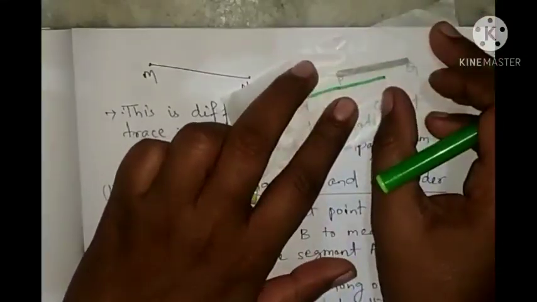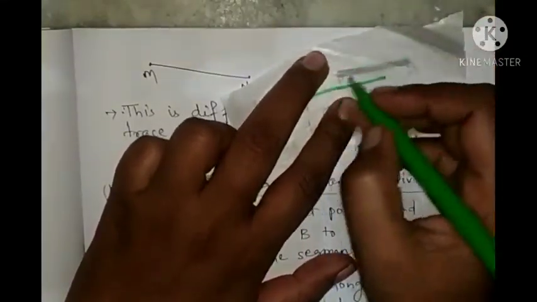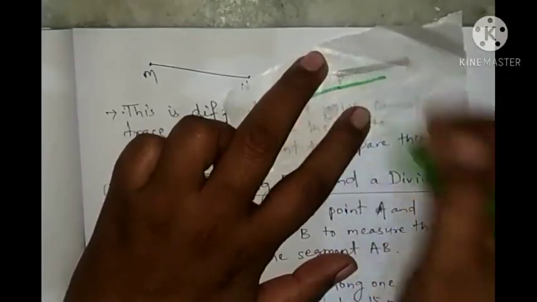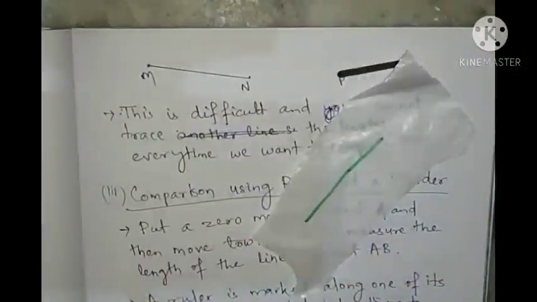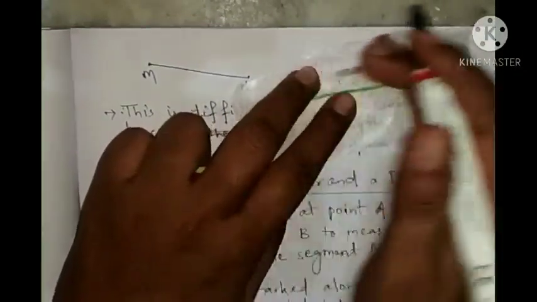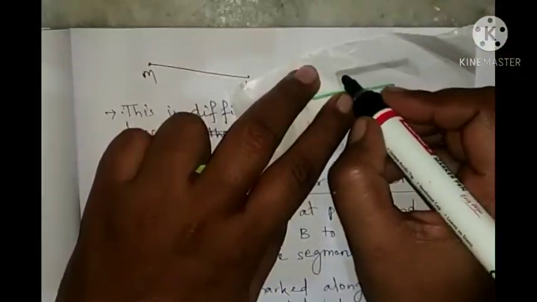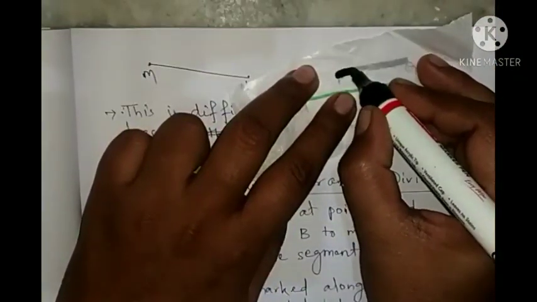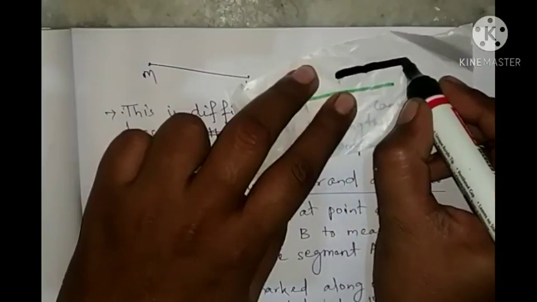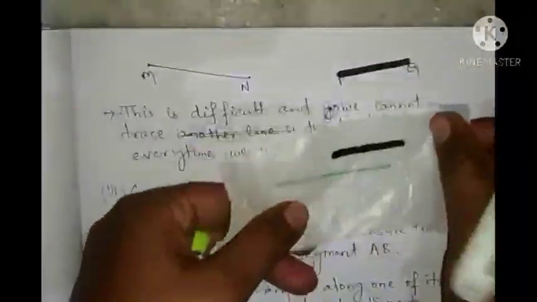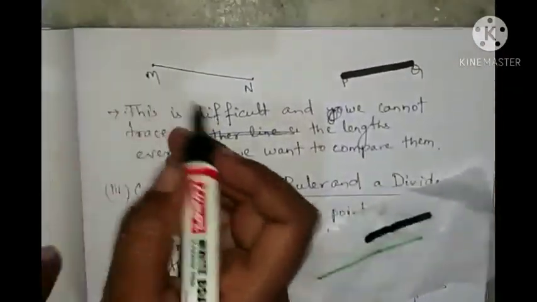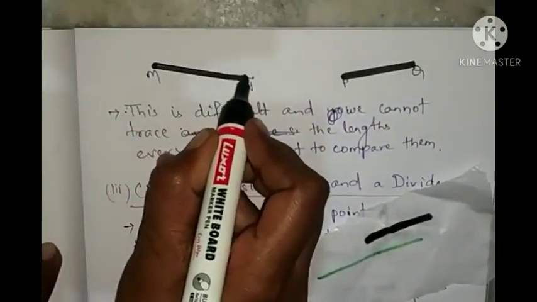Now it is easily seen. I have taken this tracing paper and I'll make a line on the tracing paper above the line. Look, I got the size of the line. This one I am making thicker.